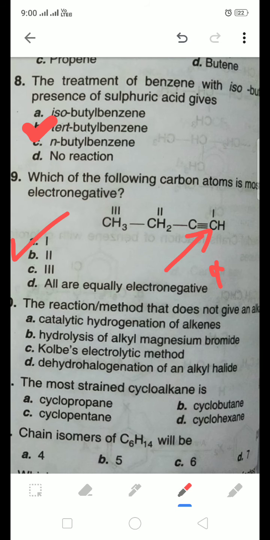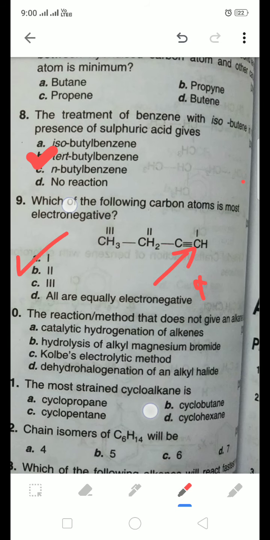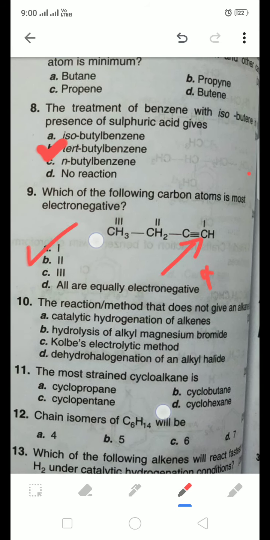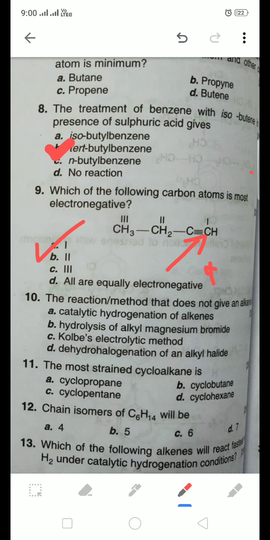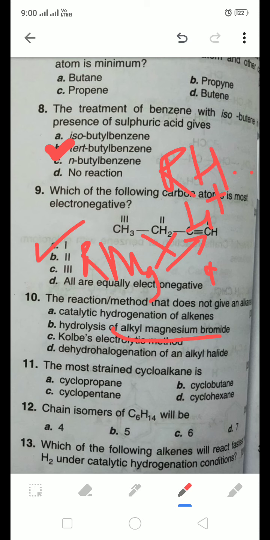Now the next is the reaction method that does not give an alkane. First is catalytic hydrogenation of alkenes. This is the basic method we studied for obtaining alkanes. Hydrolysis of alkyl magnesium bromide: RMgX is a base, and when it is hydrolyzed with H plus, it forms a hydrocarbon RH, mostly CH4.